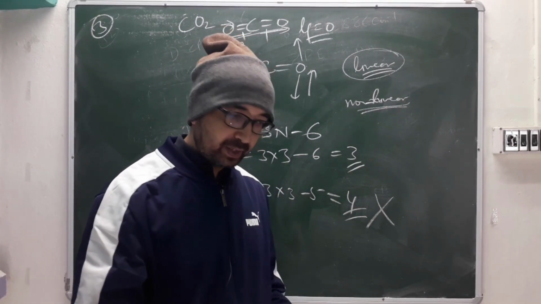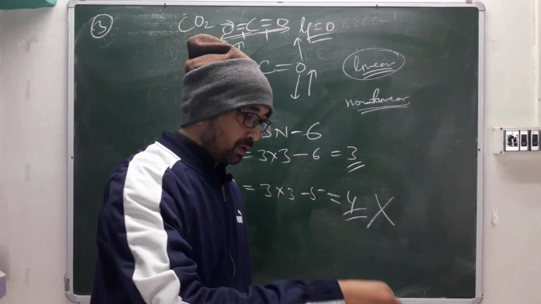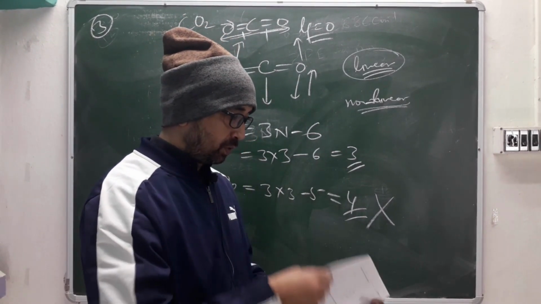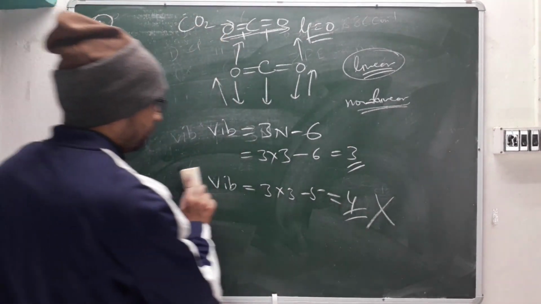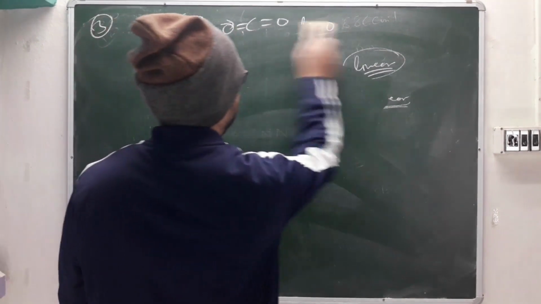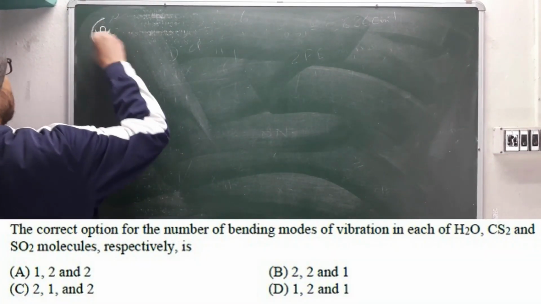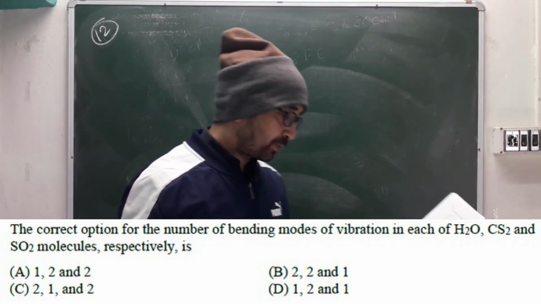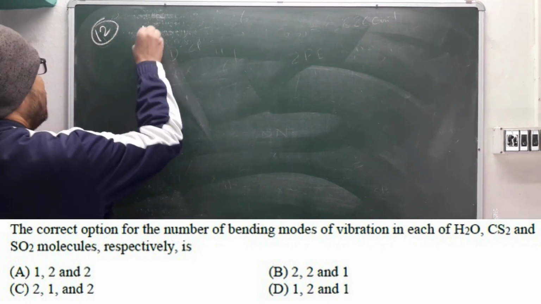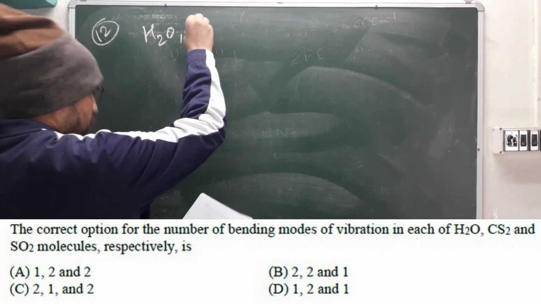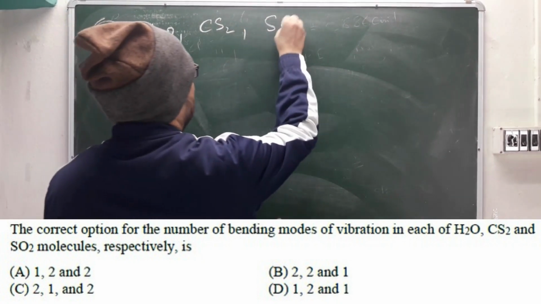Next question we'll take from the same year, question number 12. Let's see what they are saying. From 2019, question number 12: the correct option for the number of bending modes of vibration in each of H2O, CS2 and SO2 molecules, right?